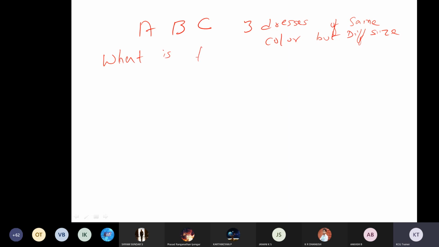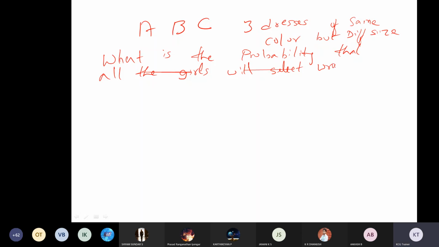What is the probability that all the girls will select the wrong dress? Give your answers, guys.